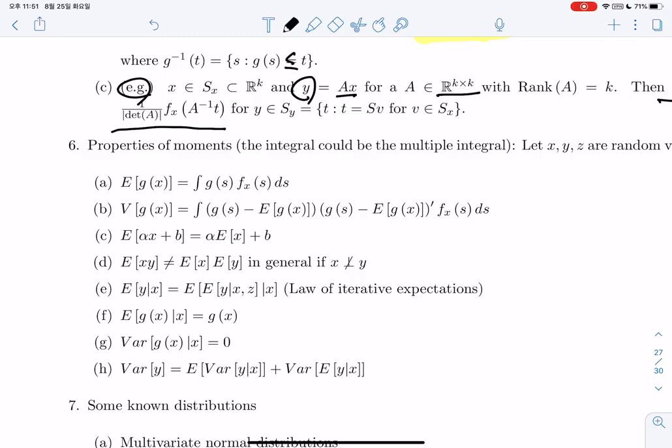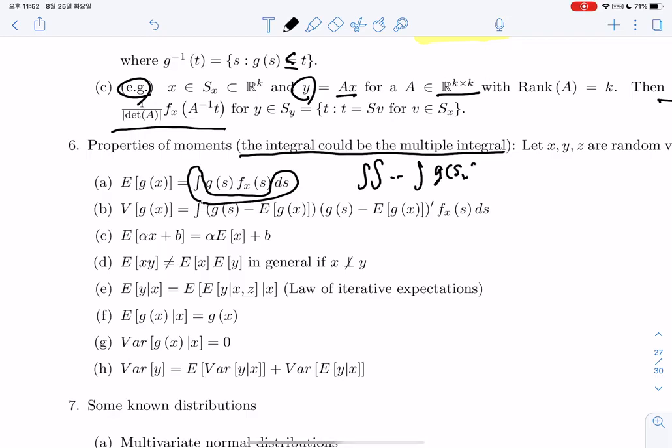Okay, property of moments. Here I'm saying the integral could be a multiple integral. So here, this integral may mean the integral up to integral of g of s1, s2, up to sk, times fx of s1, s2, up to sk, ds1, ds2, up to dsk, right?